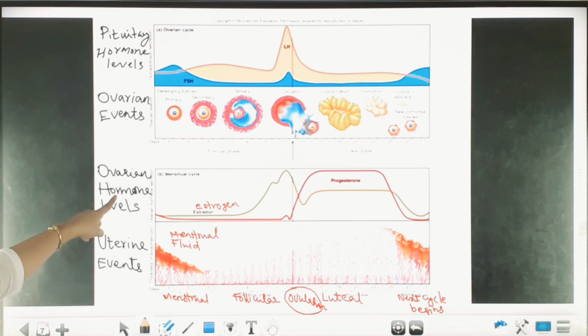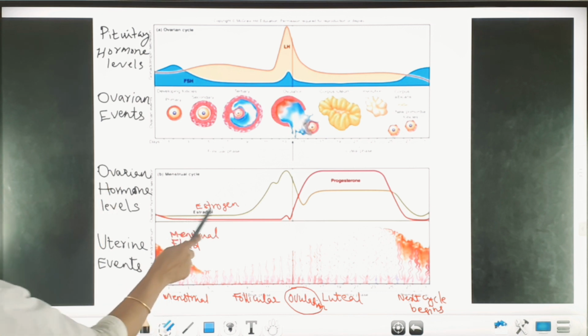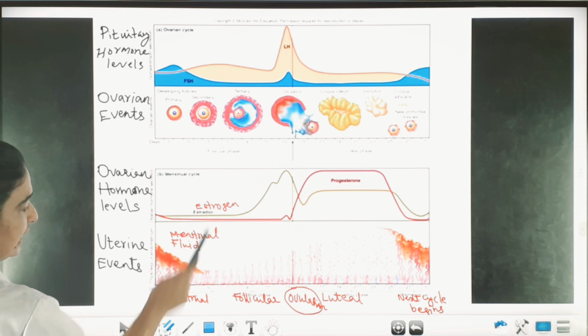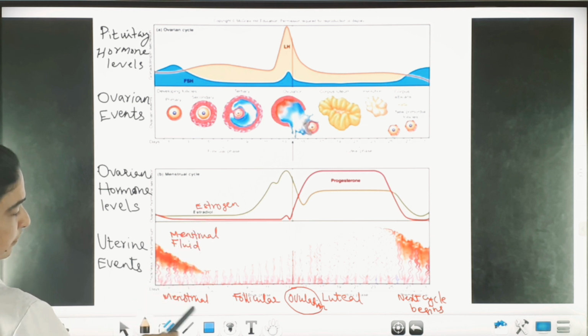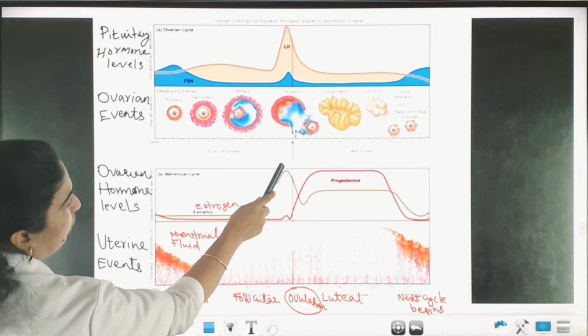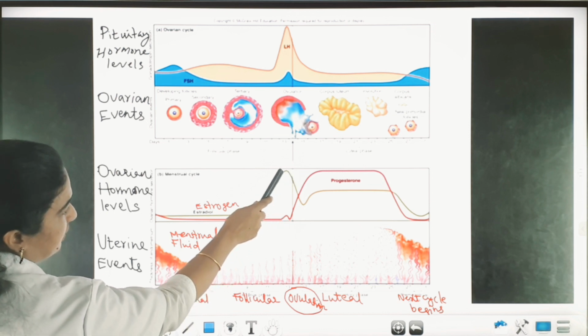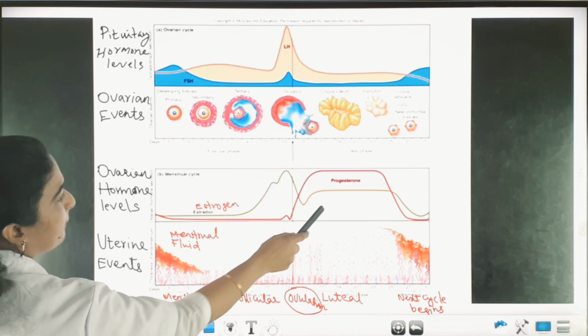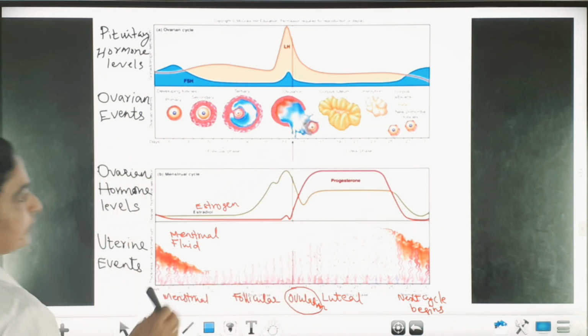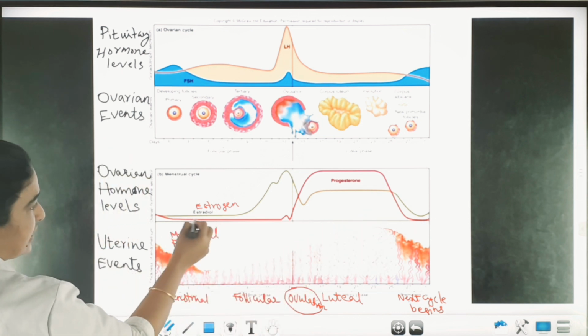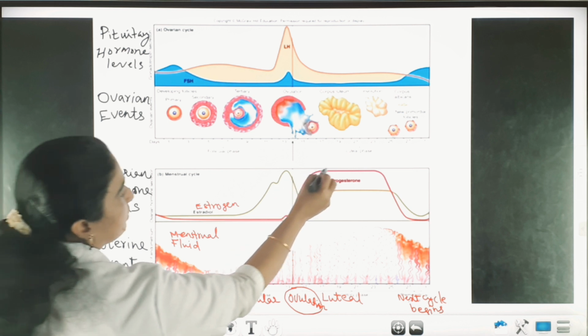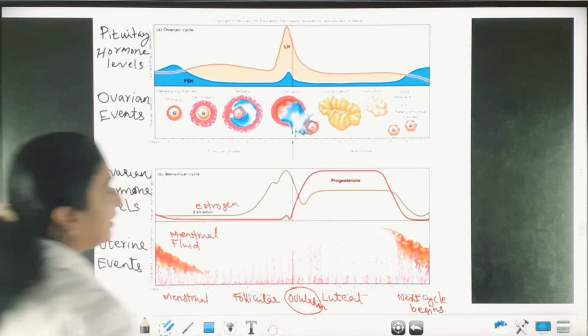Here you can see ovarian hormone levels. First, the ovarian hormone estrogen level is very low in the menstrual phase, then it goes on increasing, reaches the maximum, then it goes on decreasing. The progesterone level in the first phase is very low, then it goes on increasing, then it goes on decreasing.